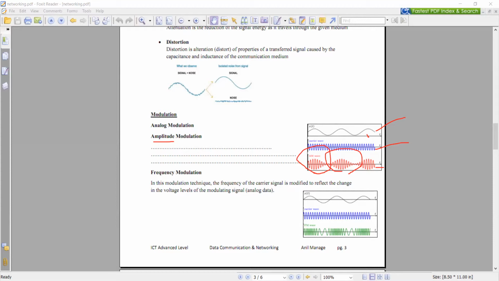In this modulation, the amplitude of the carrier signal is modified to reflect the analog data. I gave you this printed because drawing this would be a bit difficult.